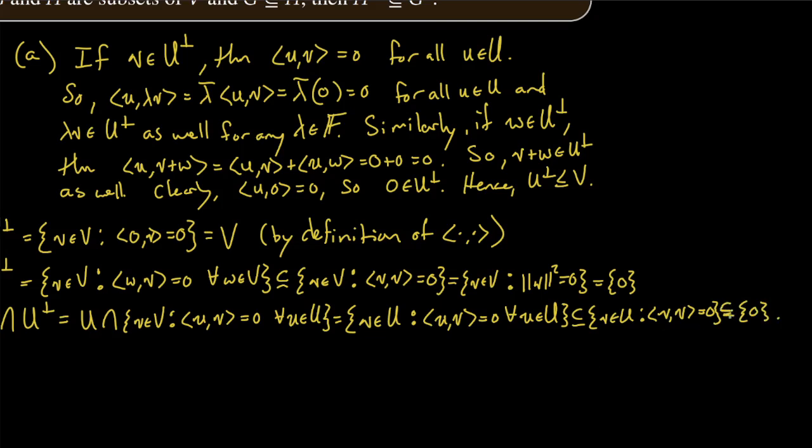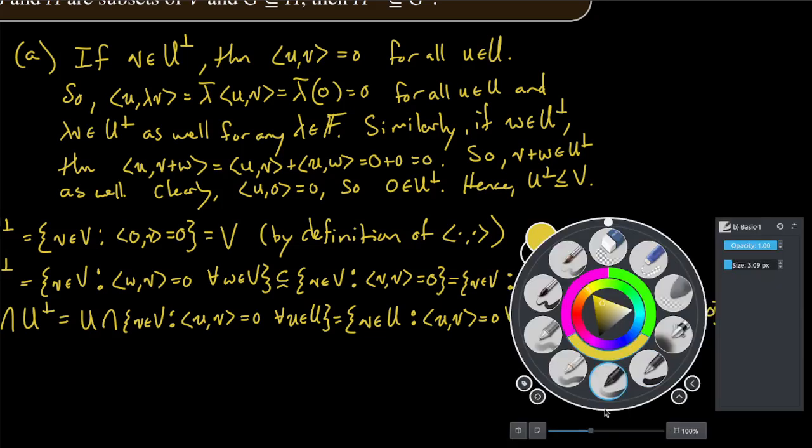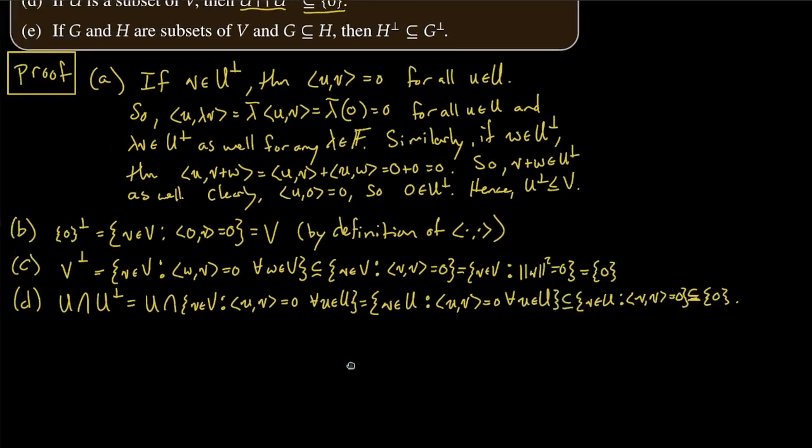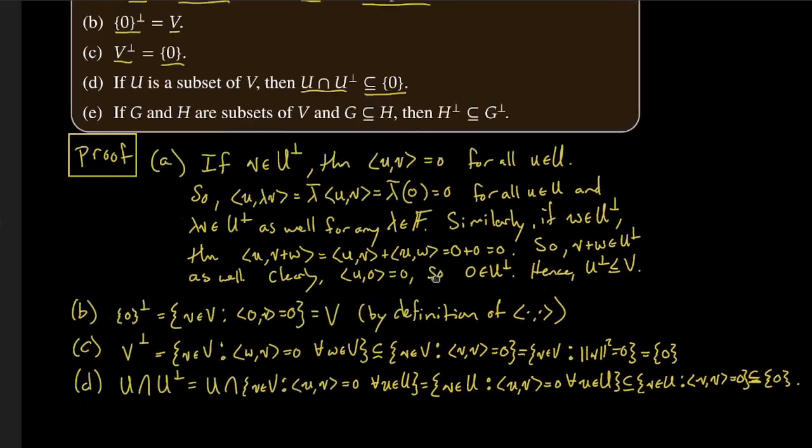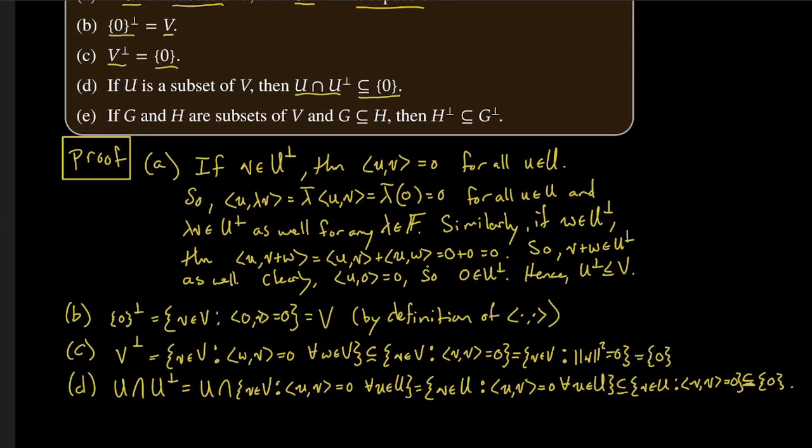I should say contained in here, because we don't necessarily know that U is a subspace, so there may not actually be the 0 vector in there, but this is contained in the set with only 0 in it. It could be empty if there is no 0 vector in U. But if there is, then that's the only thing that can be in here. Make some sense? Hope so. These are just some long strings of equalities, and they look kind of messy, but it's not too bad in terms of the actual reasoning, I hope.